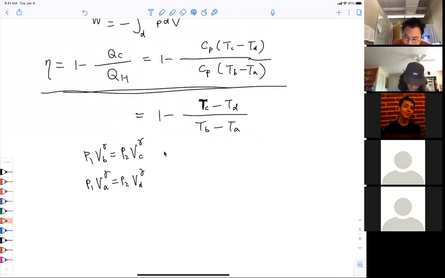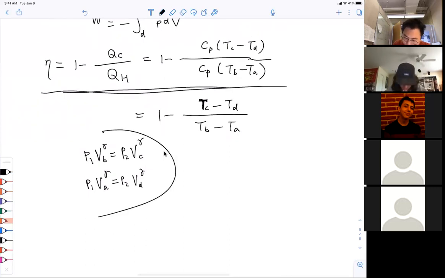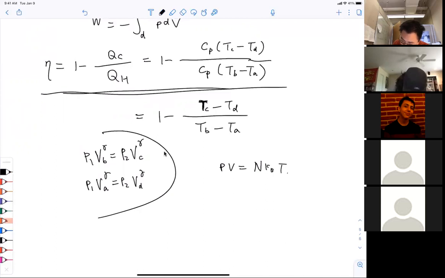It seems more direct if we work with the variable V instead of T. But of course we know how to convert T to V because it's an ideal gas: PV equal to NKBT. So T equal to PV divided by NKB.